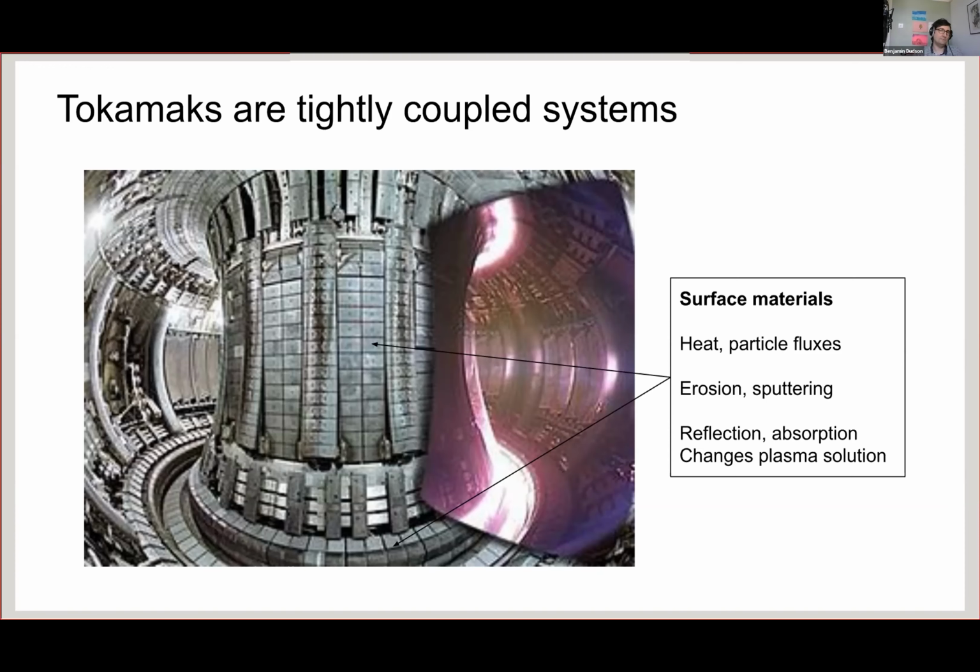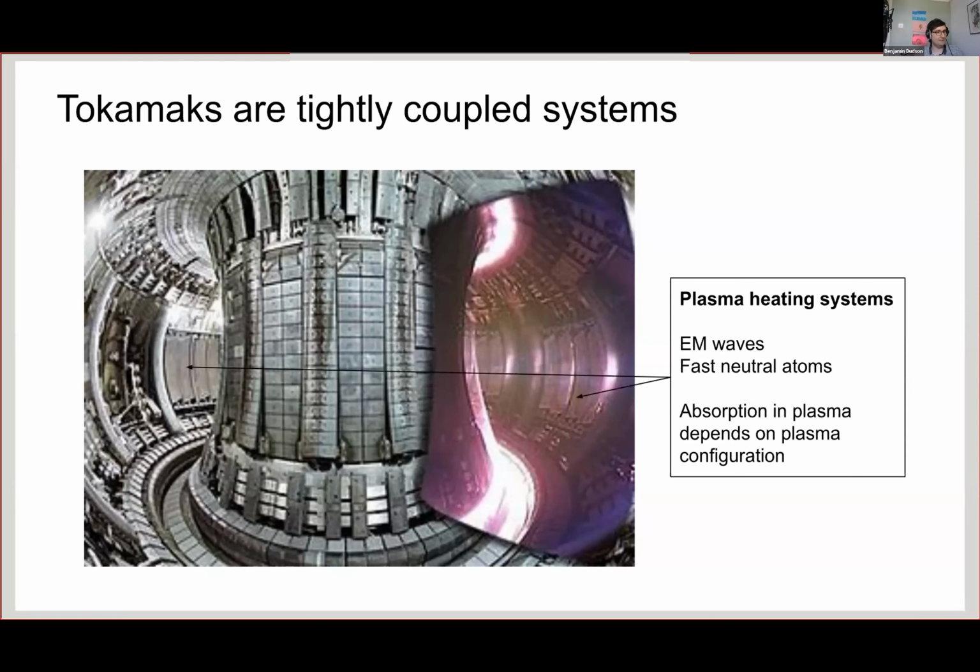But it also has a big impact on what the plasma is doing, because when a particle hits the surface of the material, whether that particle is reflected or absorbed or scattered has quite a large effect on the kind of plasma solutions you get. So it's a two-way process. The wall is affecting the plasma, and the plasma also affects the wall over a long time.